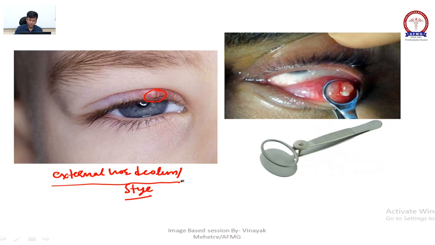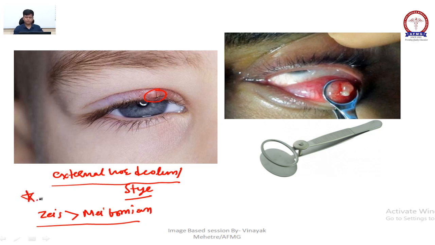Okay. It is the inflammation of which gland? Gland of Zeis followed by meibomian. If at all you need to choose one gland, then you will go for Zeis gland, not the meibomian. This question has already been asked in your exam.